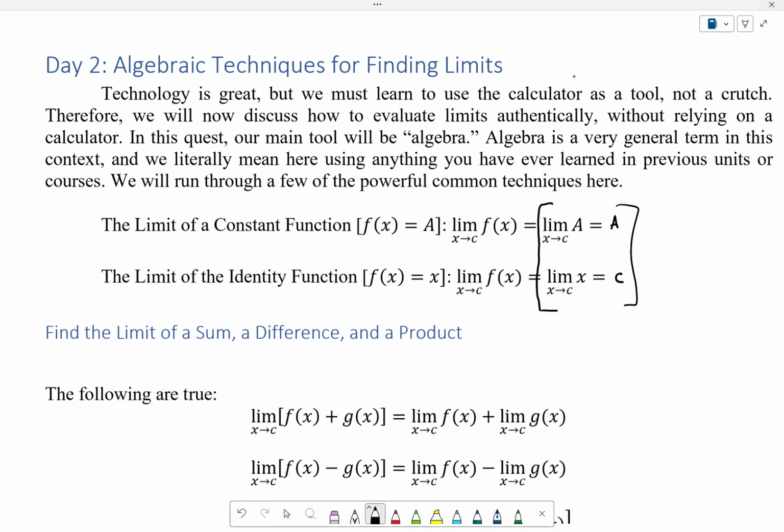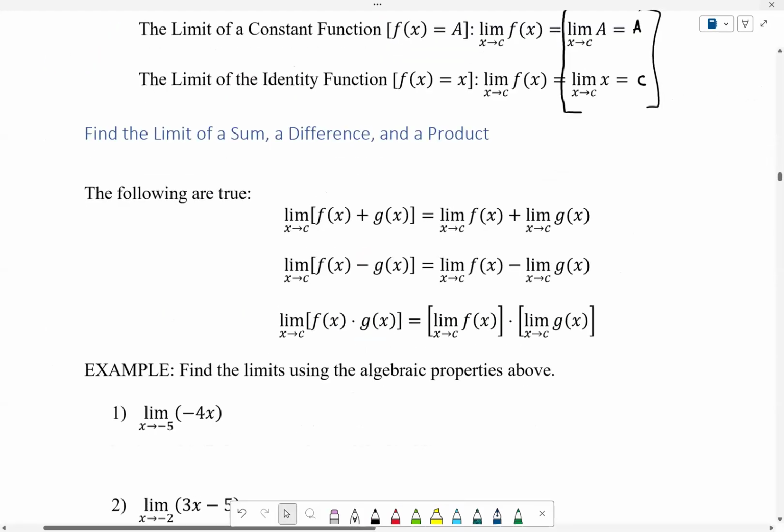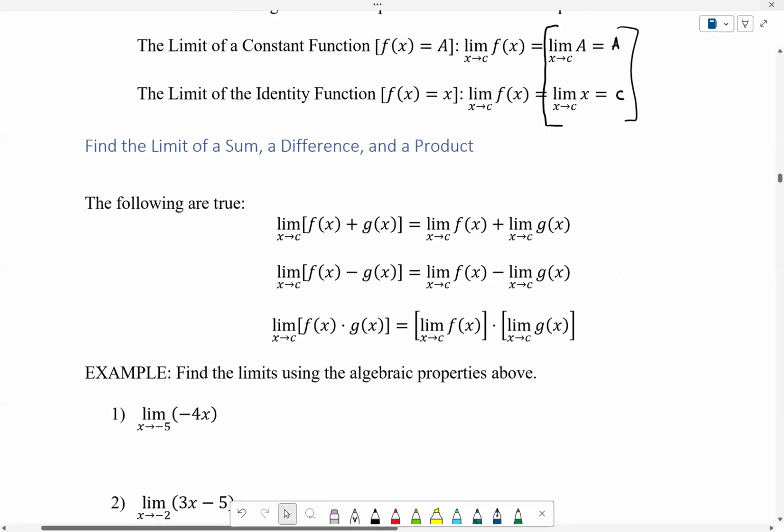So this is kind of like, okay, we got our bread and butter. Let's build the meal. Oh, that was terrible. Okay, limit of two functions added together. It may not surprise you that it's equal to the limit of the first plus the limit of the second one. So it's not quite the distributive property, but it kind of mimics it, doesn't it?